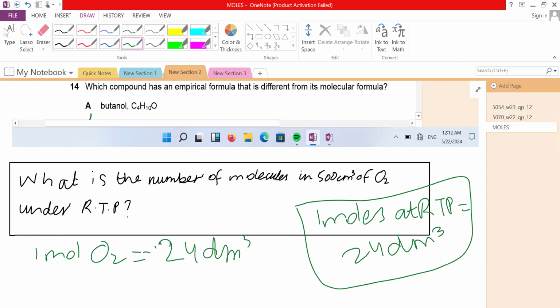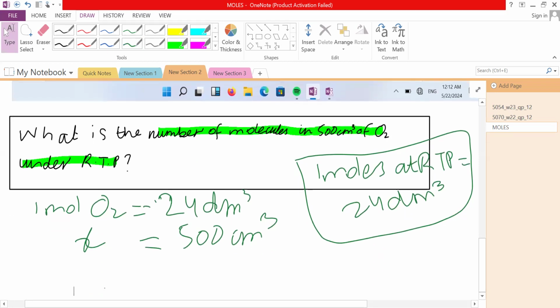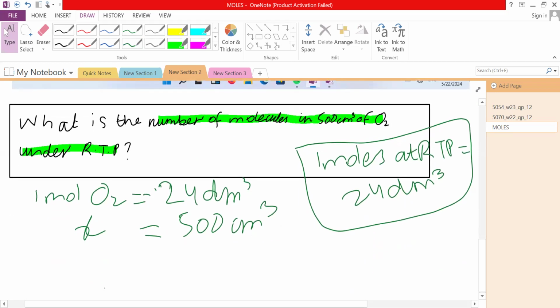Now, they are asking for the number of molecules in 500 cm cube of oxygen under RTP. 1 mole of oxygen equals 24 dm cube under RTP, so 500 cm cube equals x moles. While doing cross multiplication, you can easily find the number of moles.